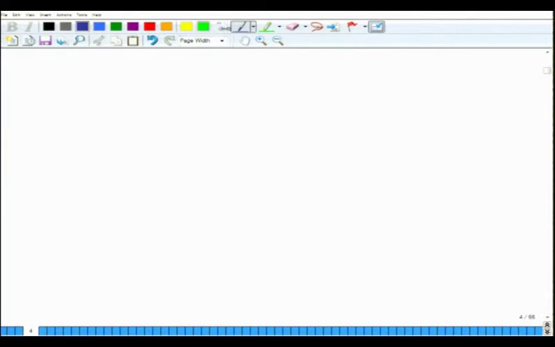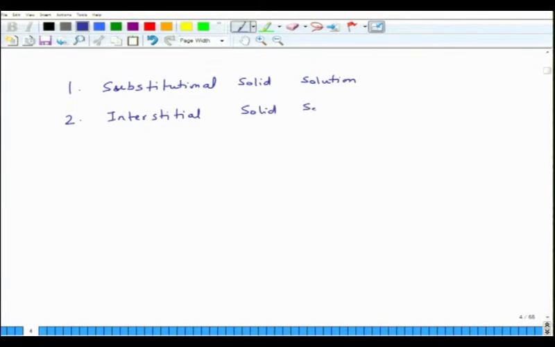The first solid solution is called a substitutional solid solution, and the second is called an interstitial solid solution.